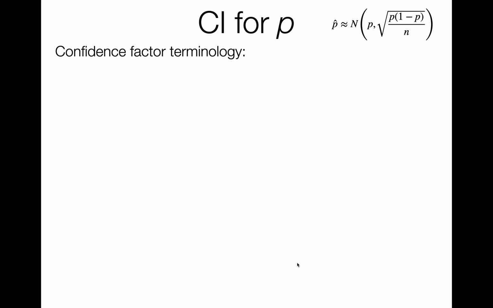So now we have the standard error, which is easy to find once we know the sampling distribution, and we have the point estimator and hence the estimate, because we know which kind of point estimator we want to use. The last thing we need to do is calculate this confidence factor.